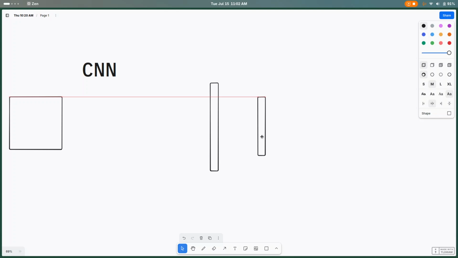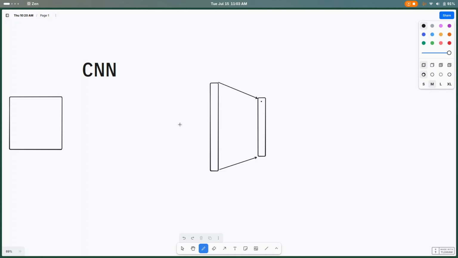So let's just make some random shape. And this is fully connected. It's fully connected, which means every node here connects to every other node from the input, but those are fine because in between we use convolution.